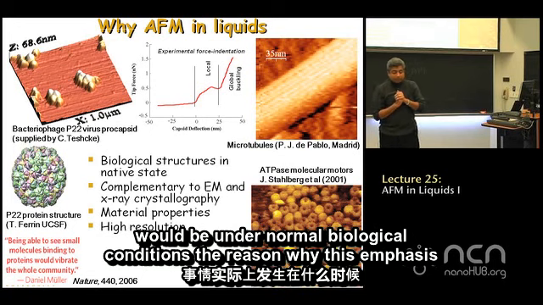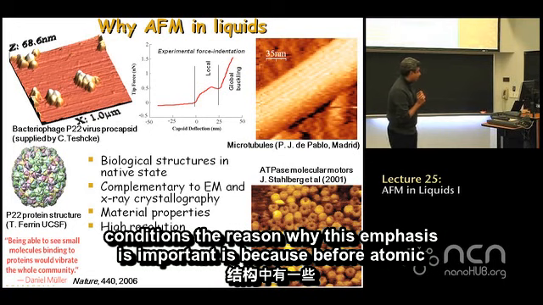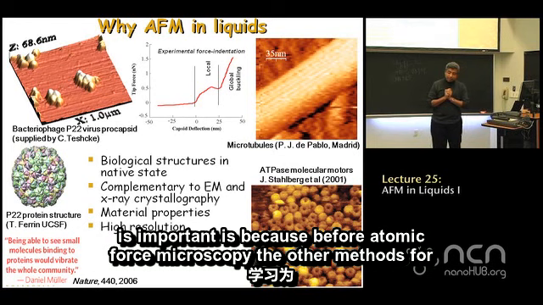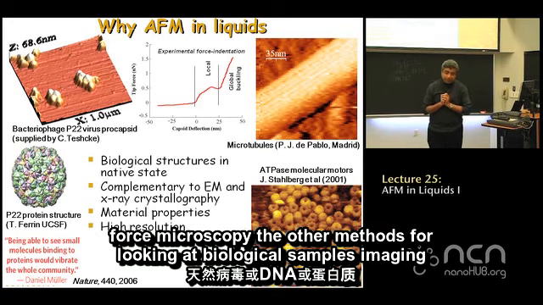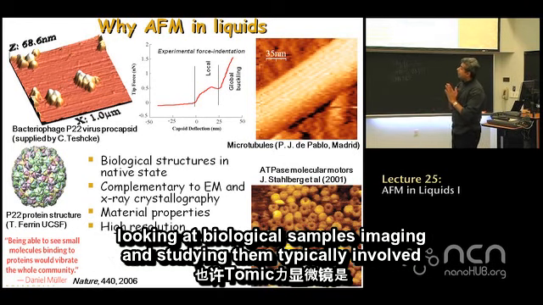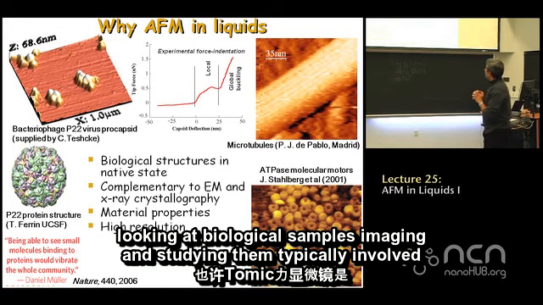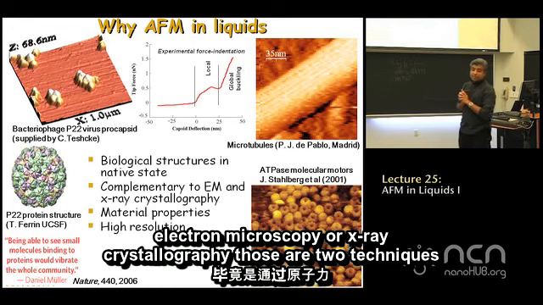The reason why this emphasis is important is because before atomic force microscopy, the other methods for looking at biological samples, imaging and studying them, typically involved electron microscopy or X-ray crystallography.